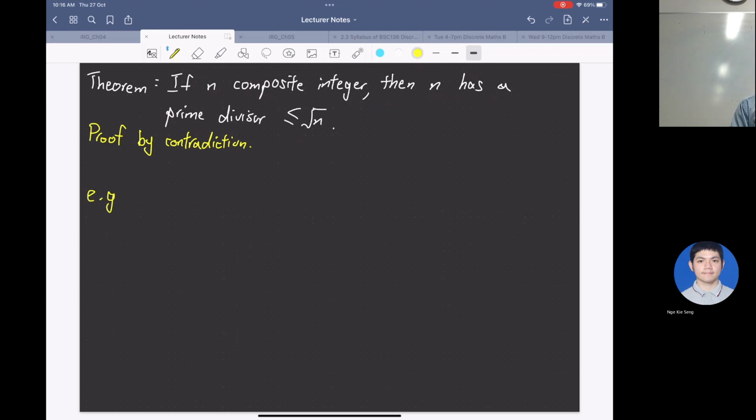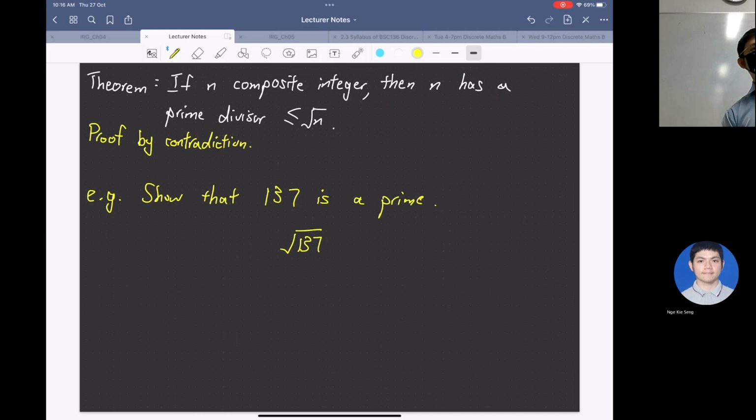For example, show that 137 is a prime. To show it's a prime, you just need to check whether it's divisible by all the primes that are less than square root 137. So what's square root 137?